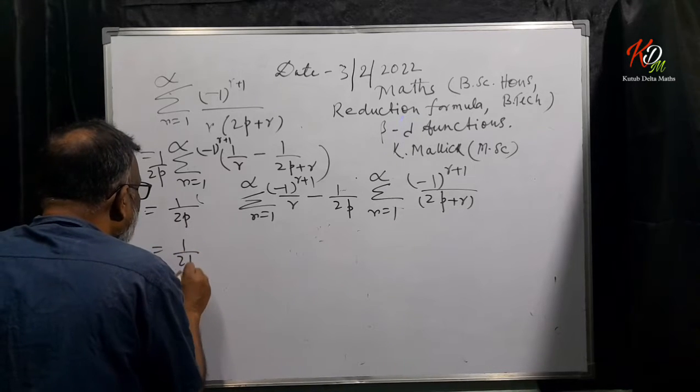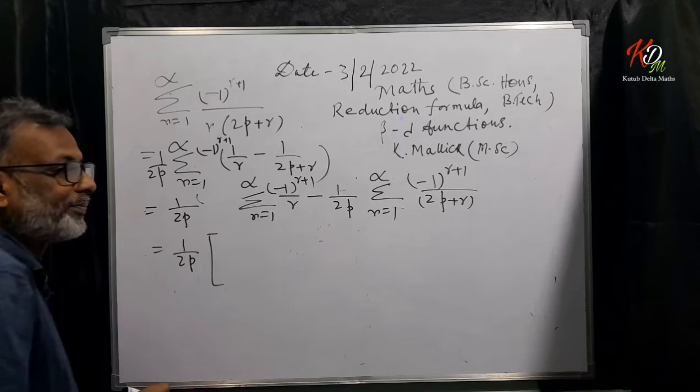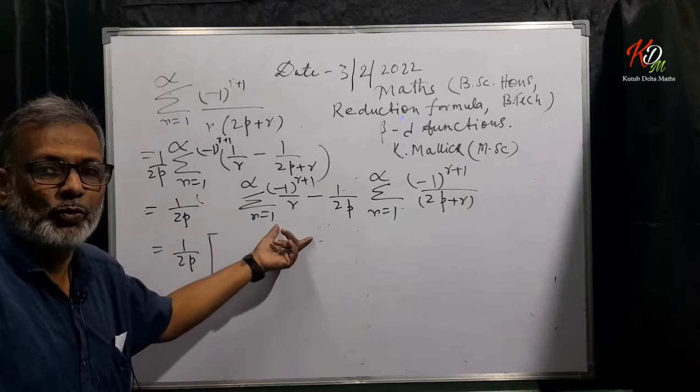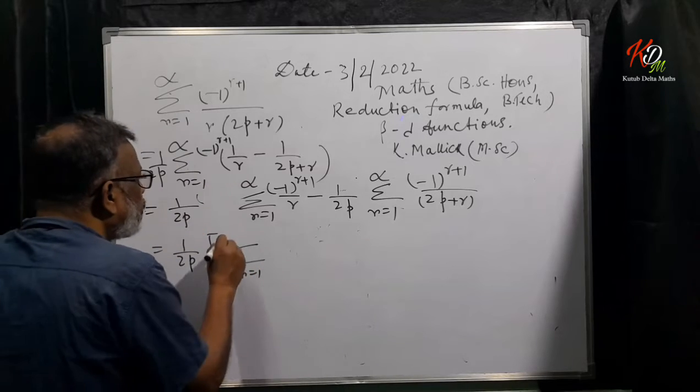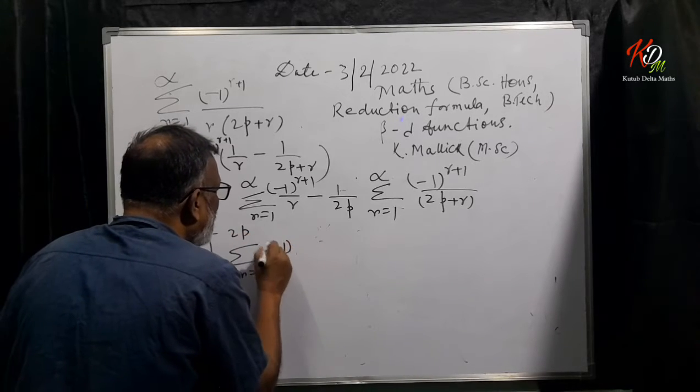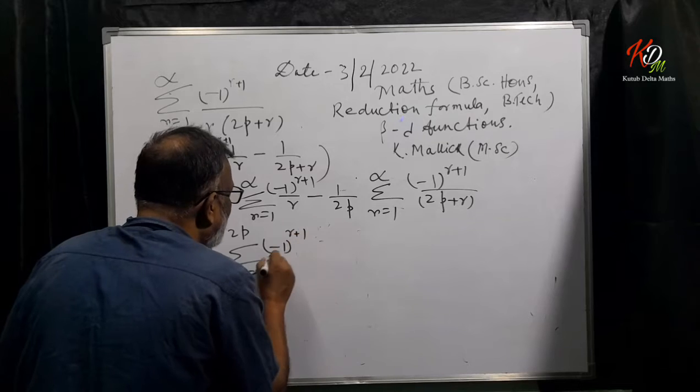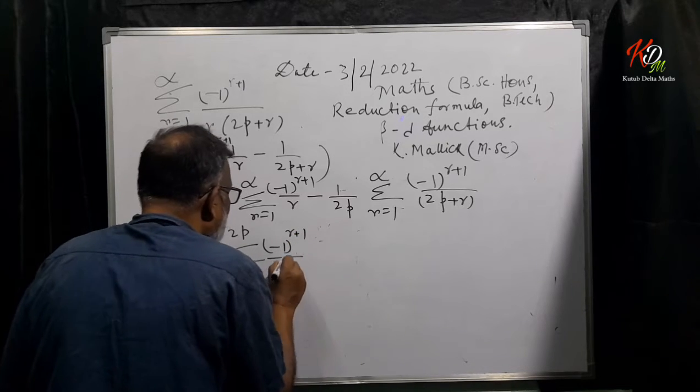Now 1 by 2p, it is breaking into two parts. Firstly, r from 1 to 2p, minus 1 whole to the power r plus 1 by r.